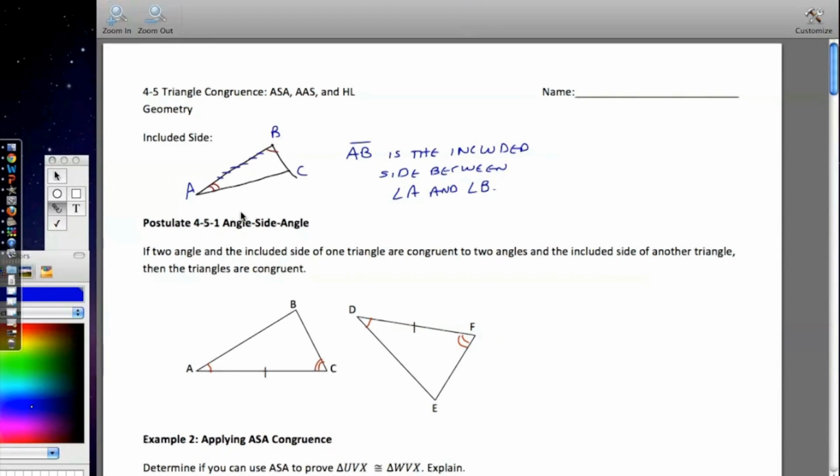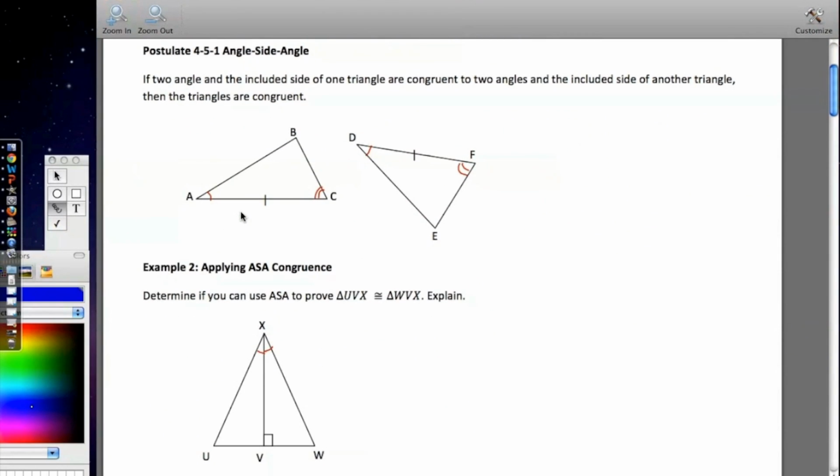And so when I go down to postulate 4.5.1, the angle side angle postulate, I find out that if two angles and the included side of one triangle are congruent to two angles and the included side of another triangle, then the triangles are congruent.